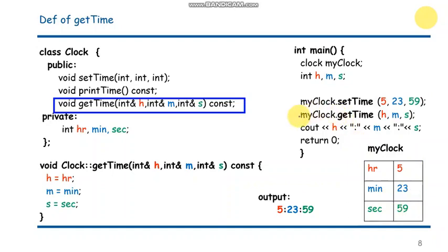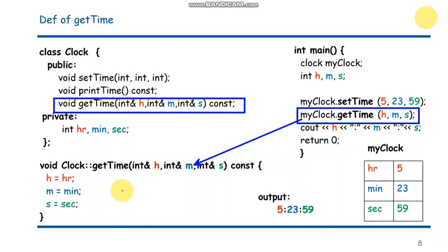You can then see that in this code, we do have this call where we say myClock.getTime. What does this do? It is going to take us to the definition of the getTime function.